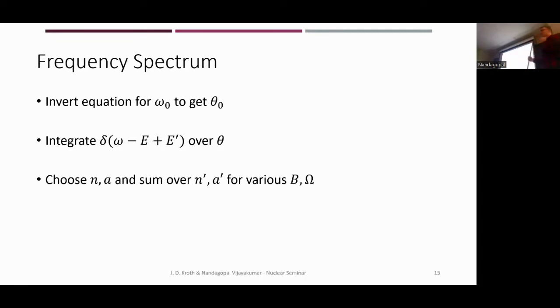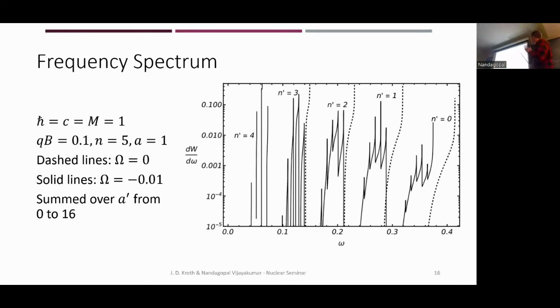So given an initial set of quantum numbers, a final set of quantum numbers, and a frequency that we want, what is the angle that it will be emitted at? Then we integrate over theta using the delta function, and see what happens when we choose different parameters. Doing all that, we get this plot.